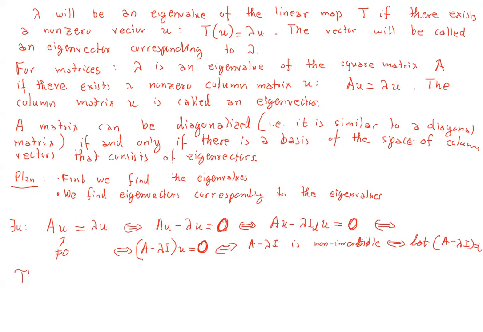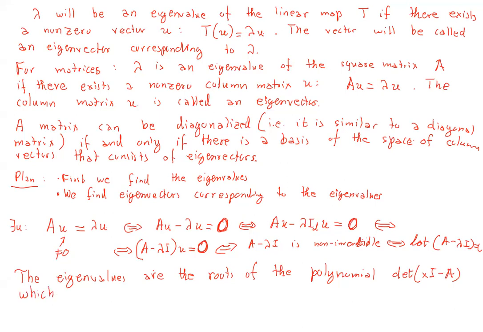The eigenvalues are the roots of the polynomial. I'm going to change it just a little: I'm going to make it the determinant of x times the identity matrix minus A, which is called the characteristic polynomial.